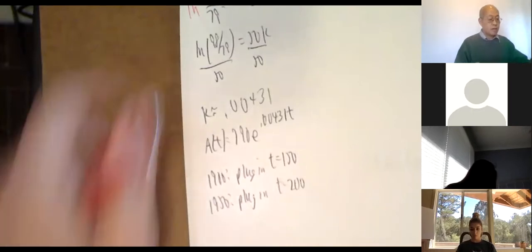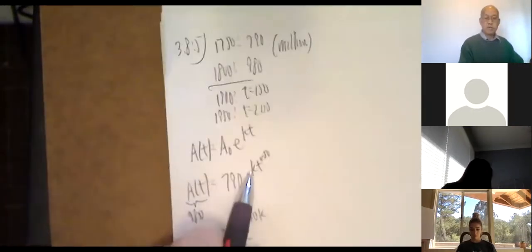So plug in 150 right over to here. Okay, so I've got 790 e to the parentheses answer times 150.